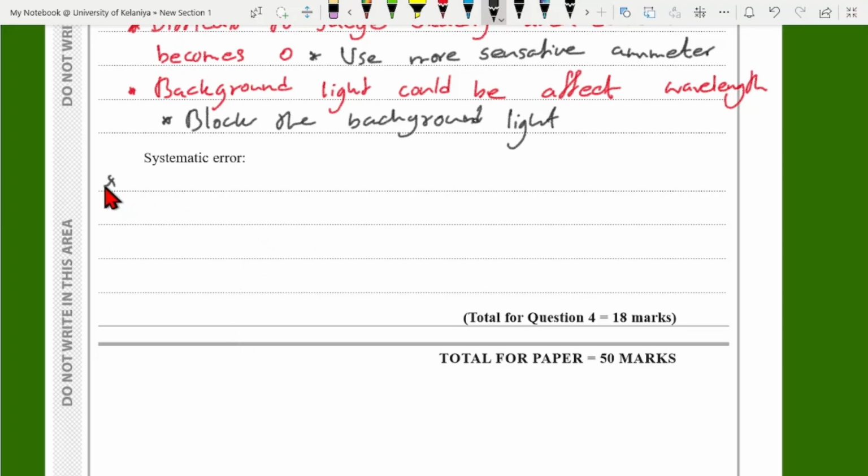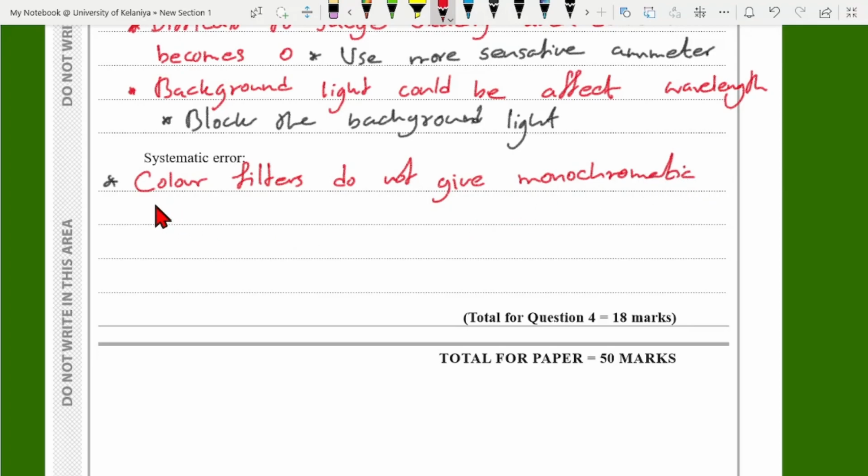So we can write: color filters do not give monochromatic light. How can we modify this? Use a monochromatic light source.